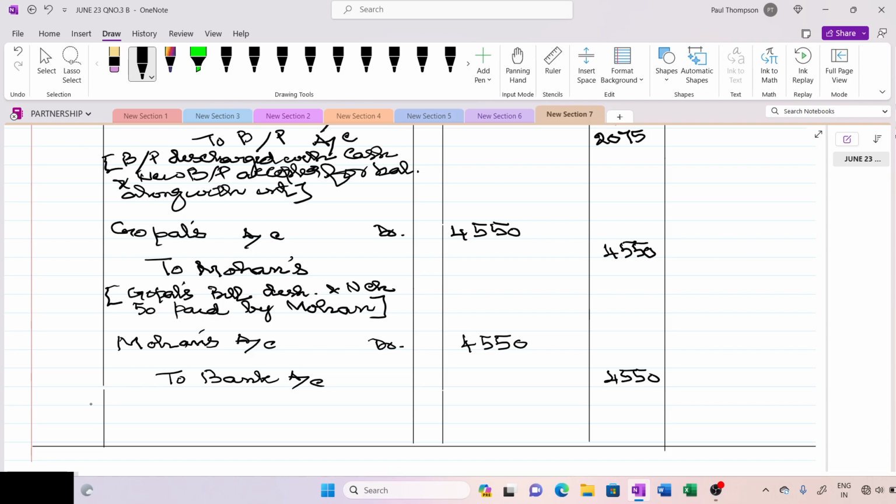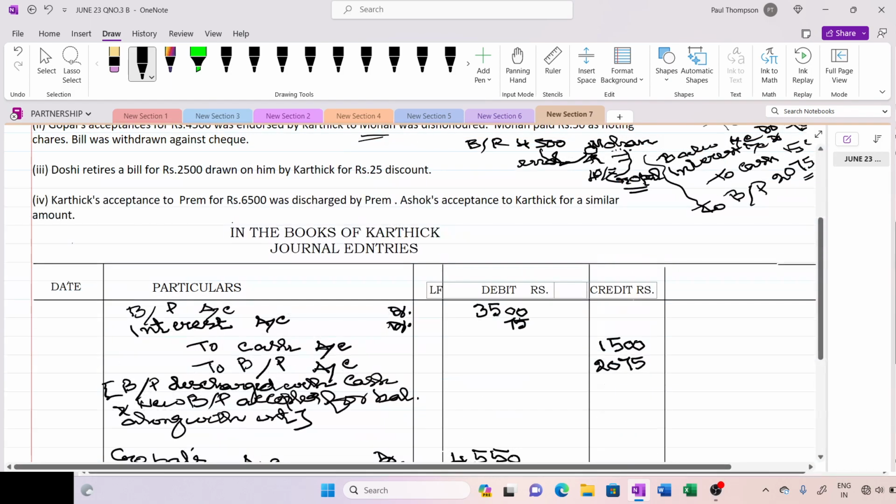So you can write bill withdrawn through check. So I'm writing in short. So now moving on to the next entry.